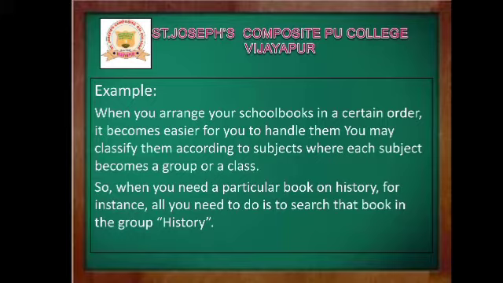So if you classify in an orderly way, you can easily choose which books you need immediately or in any emergency. When you need a particular book on history, all you need to do is search for that book in the history group. That means easily you can go to the history group and collect the book.